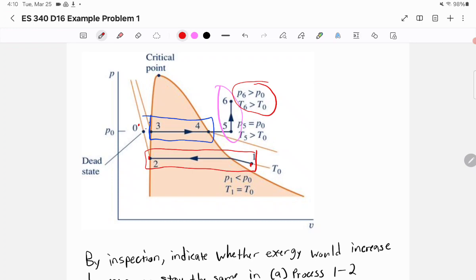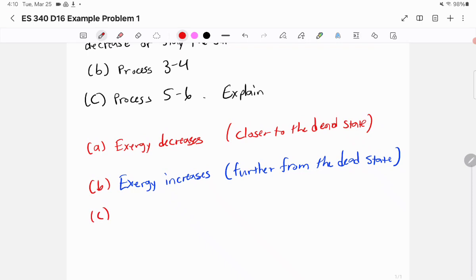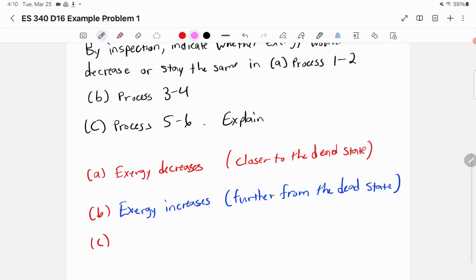If I were to draw a straight line from the dead state, it's also visually further from the dead state here. So the exergy again increases because I'm further from the dead state.